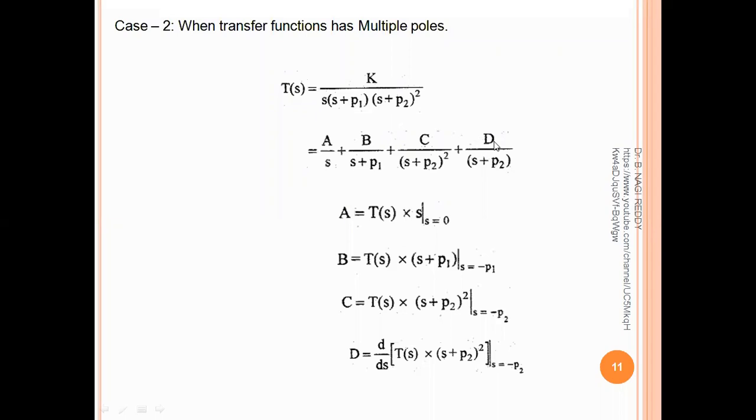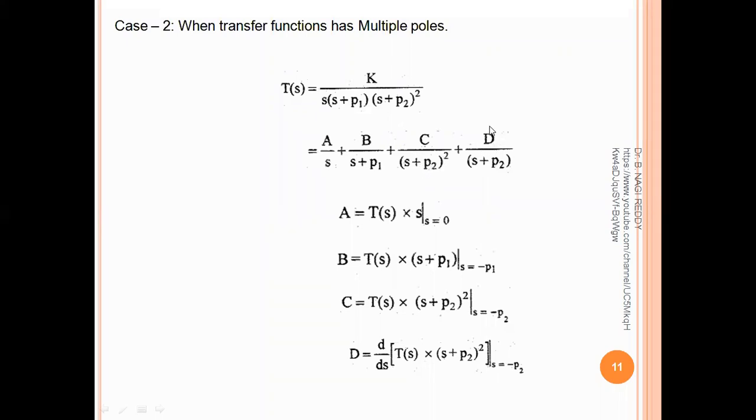Whereas in the case of D, the term of D is the internal term of this whole square term. S plus p2 whole square is for C, but we need to do the internal calculation also.